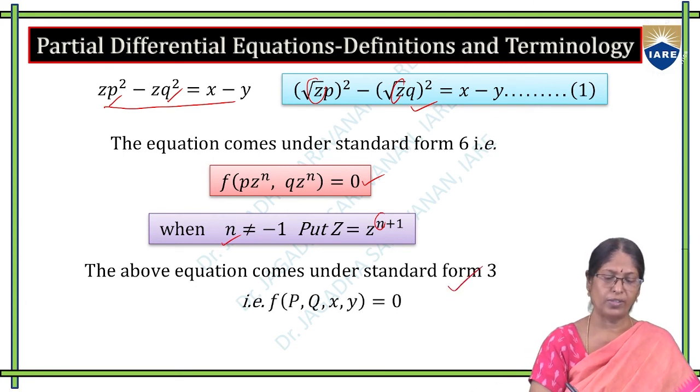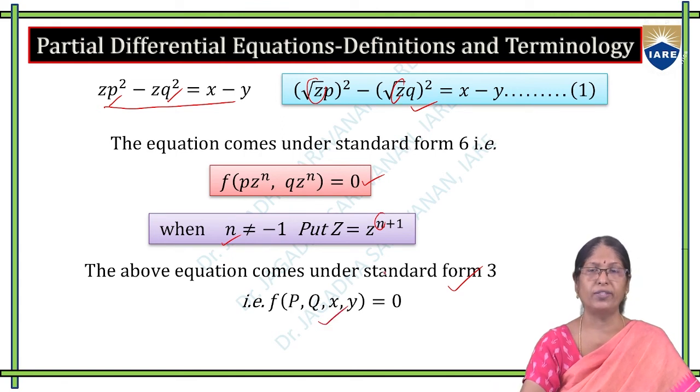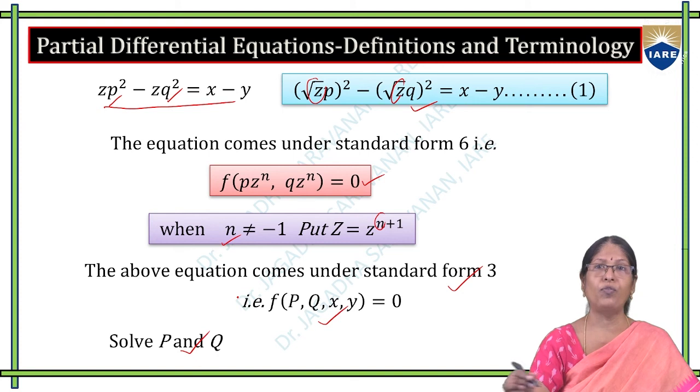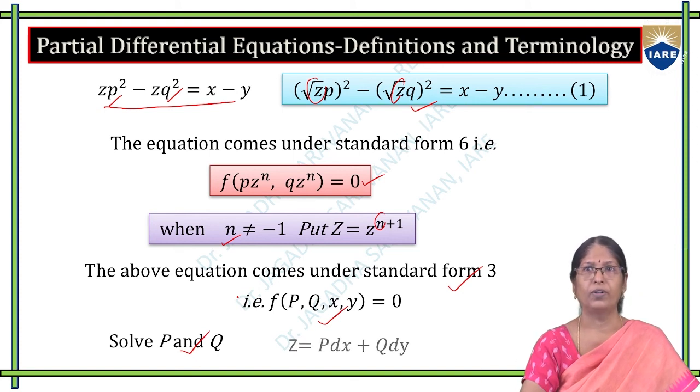For standard form 3, the condition is f of p x and q y. That is the terminology, the formulation regarding standard form 3: p x is grouped and q y is grouped, they are equated to a, and we have to find the value of p and q.